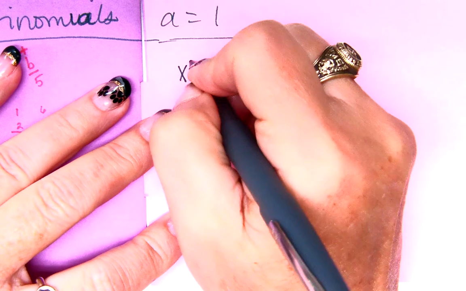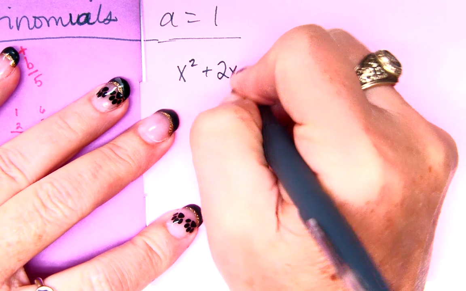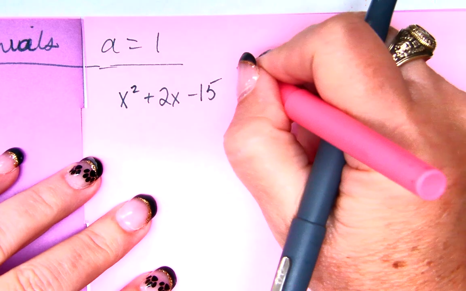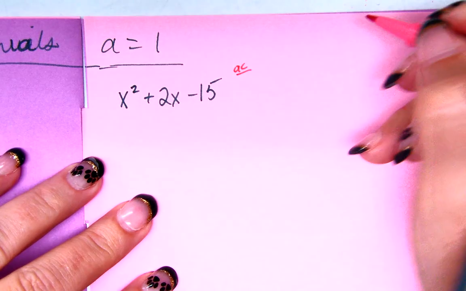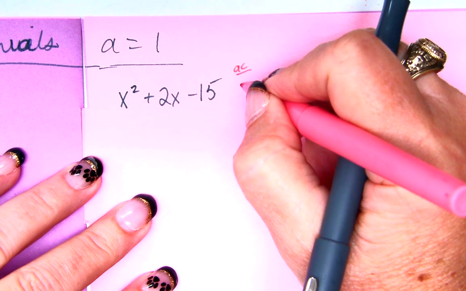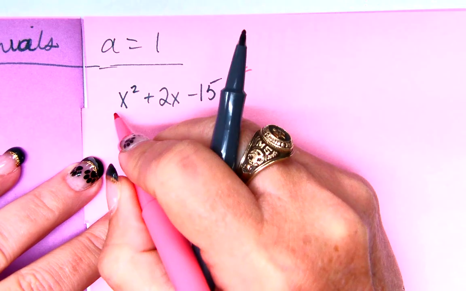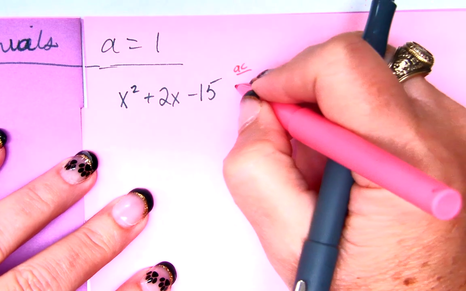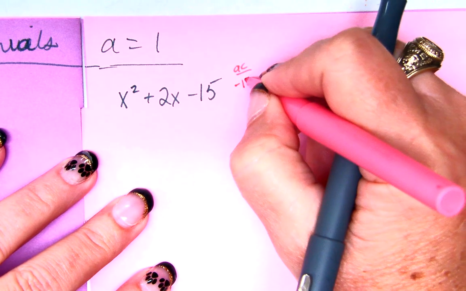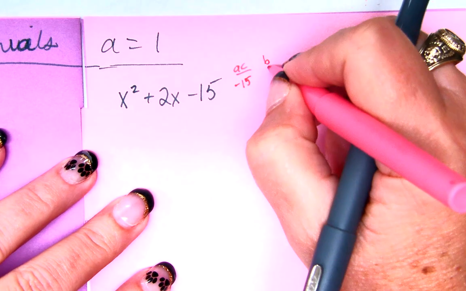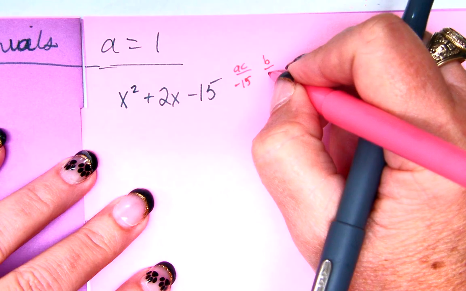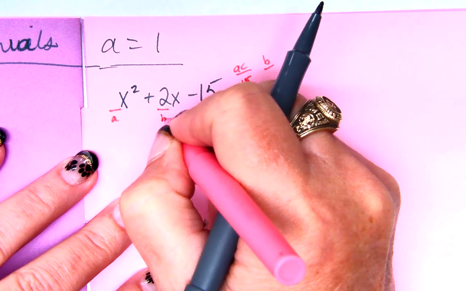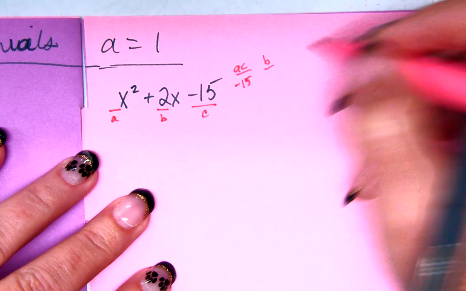X squared plus 2x minus 15. What's ac? Well, what's a? And what's c? Negative 15. So what's 1 times negative 15? Negative 15. What is b? Okay, maybe we need to label these. What's b?